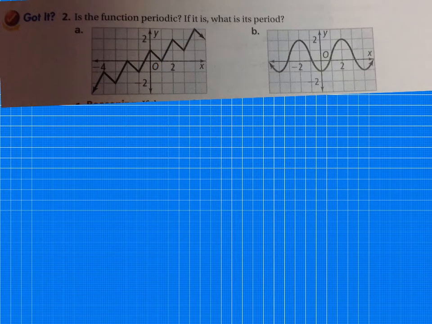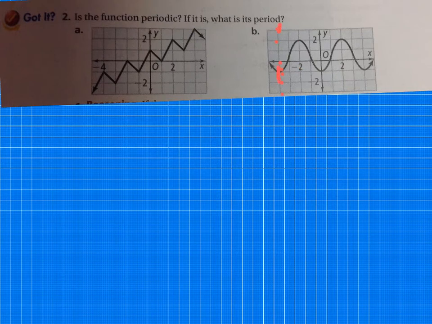Whereas in function 2, you can see, if we look at it from peak to peak, which is generally the easiest way to determine a period, there's this repetition here. Or you could look at it from sort of the minimum to minimum.